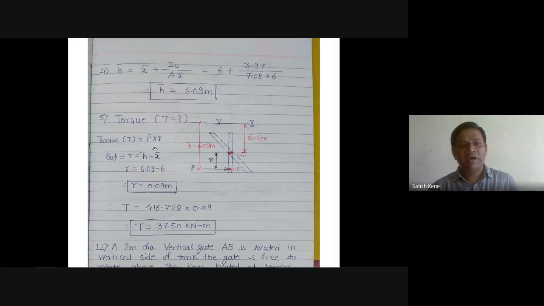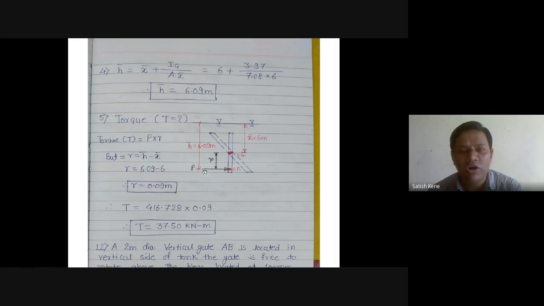Now we know the value of P and we know the value of R here, so easily we can calculate the torque produced by this force P on the particular plate. That is 416.728 multiplied by 0.09. That value is T is equal to 37.50 kilonewton meter.